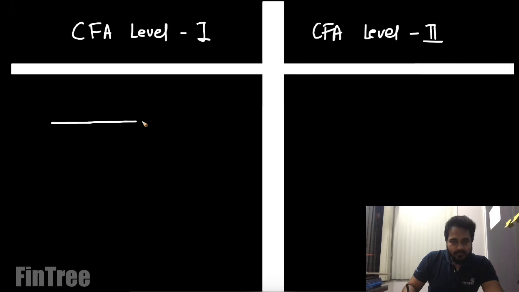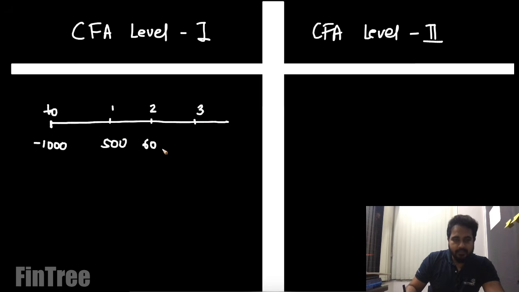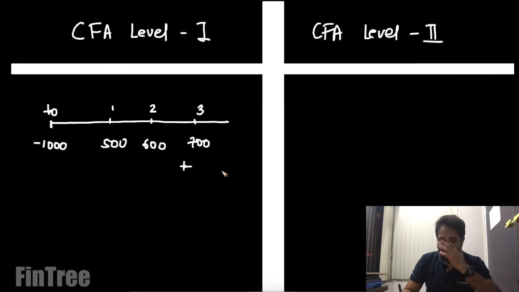At level 1, they will give you data like this. They will say that at time 0 you invested 1000, and at time 1, time 2 and time 3 you received 500, 600, 700. Not only that, at time 3 you shut down your business and sold your machinery and received another 500.